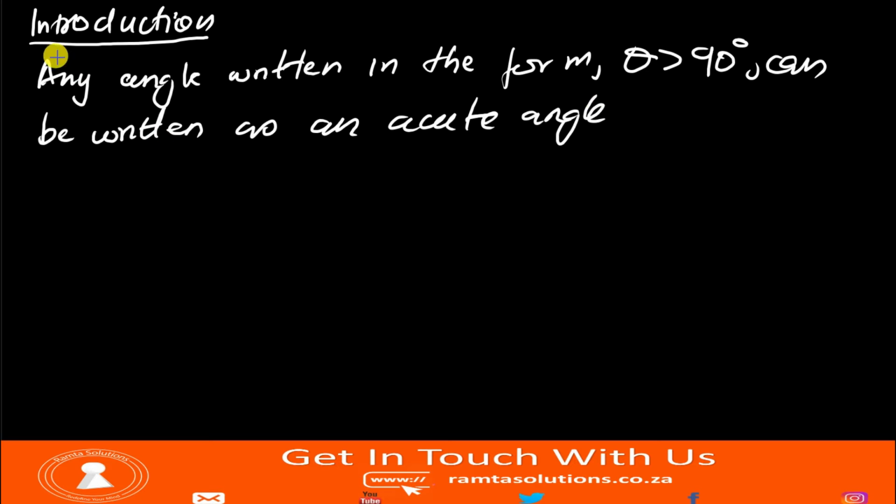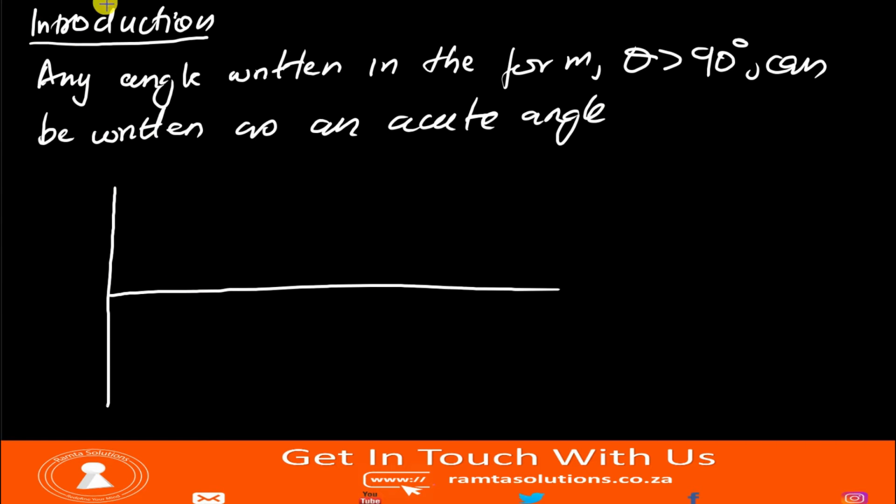Now, let me remind you as well what you used to do in grade 10. In grade 10, you used to plot these functions. Let me say 90 degrees, 180 degrees, 270 degrees, and then 360 degrees. For sine, you had, let me say this is 1, this is minus 1.